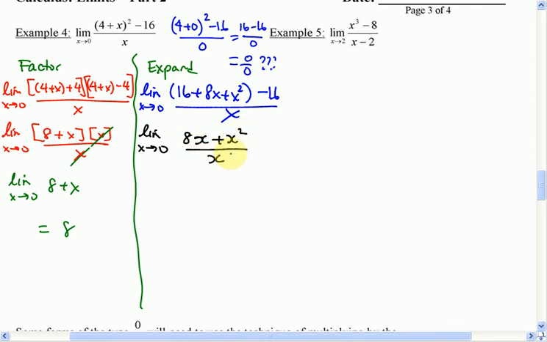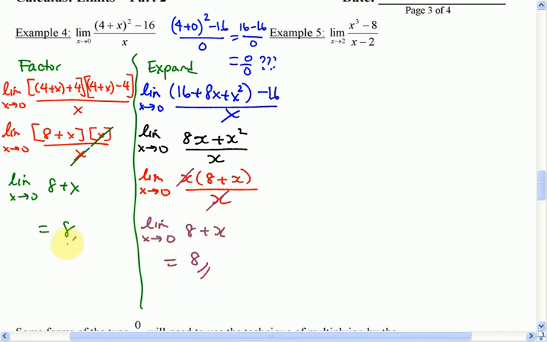Now remember, our goal is to try to eliminate that factor of x somehow. So I hope you can see that the numerator can be factored and you can take out the x. And that's what we wanted. There goes the x. Now we can plug in the limit as x approaches 0, and we get our same answer of 8. Ta-da!